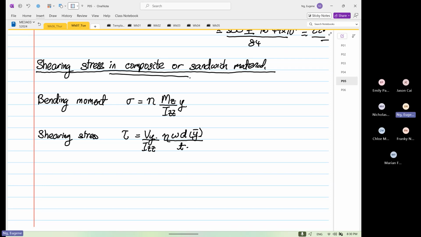It's very similar, but this over here is lumped under your first moment of area. So it's not complicated at all.